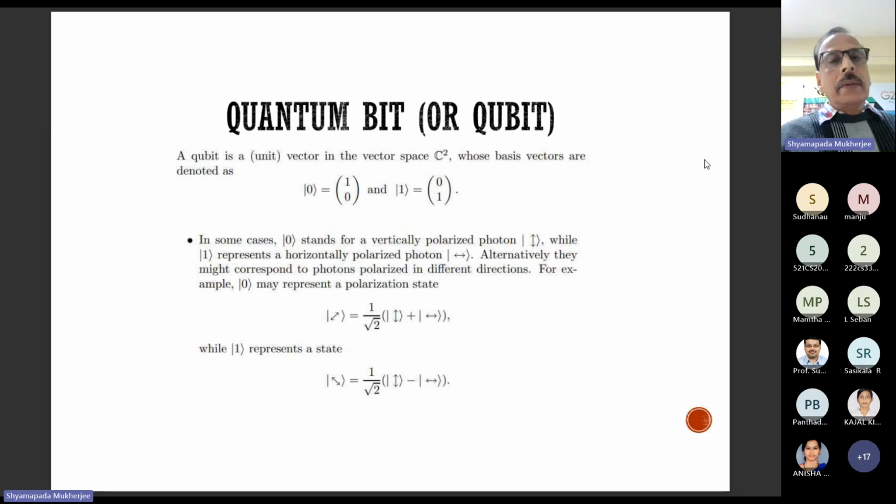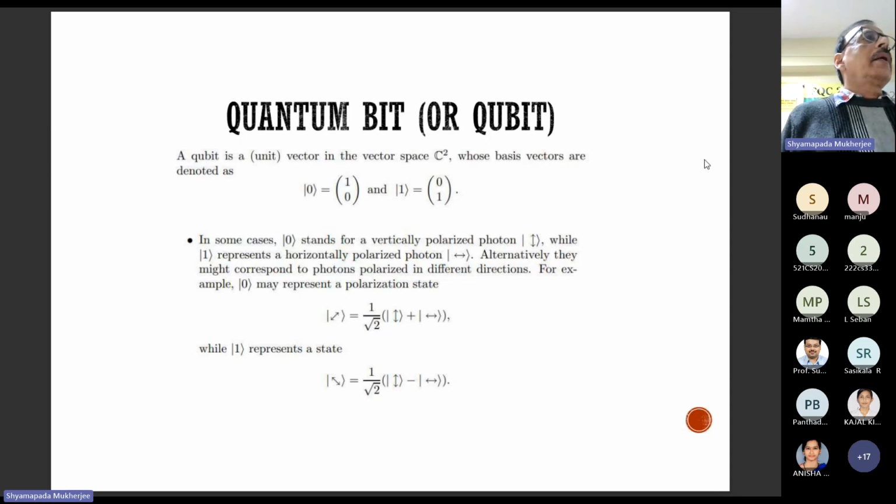And how can they be realized? Why am I giving you mathematics? Because mathematics tells me about a qubit, and I have written a qubit in mathematical form, as a linear combination of 0 ket plus 1 ket. But how can this qubit be realized? A qubit can be realized in many ways. I shall tell you later what the 0 vector and 1 vector are. The 0 vector and 1 vector are the two states of a two-level quantum system.